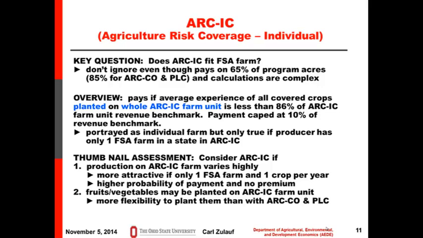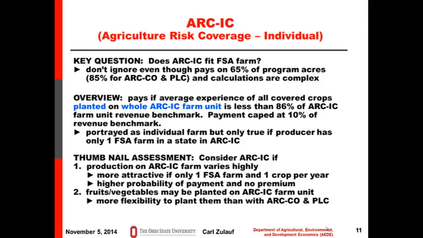But just because it pays on fewer program acres, and just because its calculations are complex, does not mean that this isn't a program that might have real relevance to your particular farm. And so if you're going to dismiss ARC-IC, what I would ask is that you do that after thinking it through, not just by saying, I don't want to deal with ARC-IC.